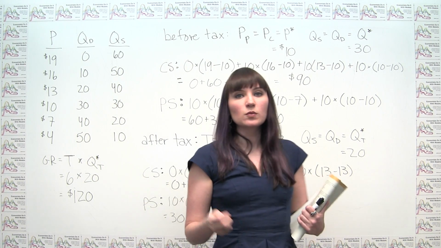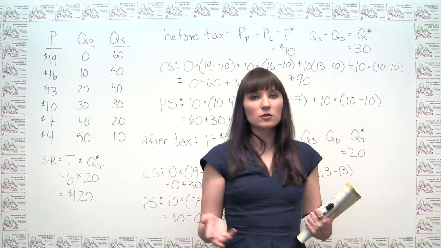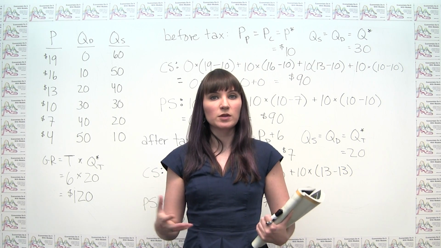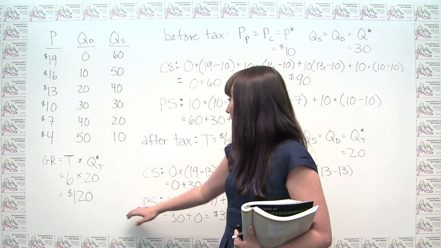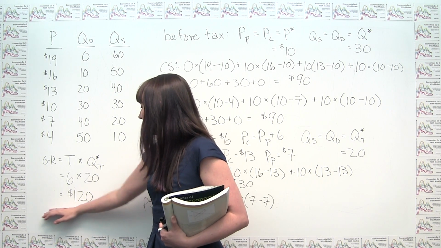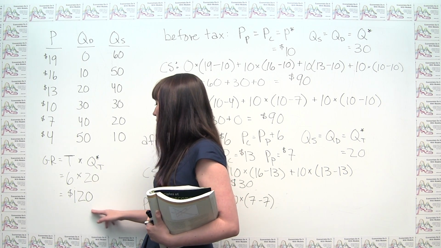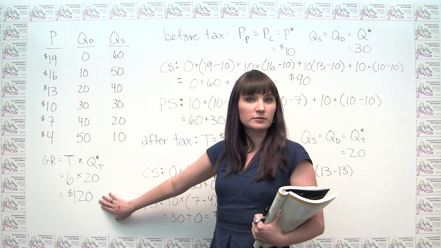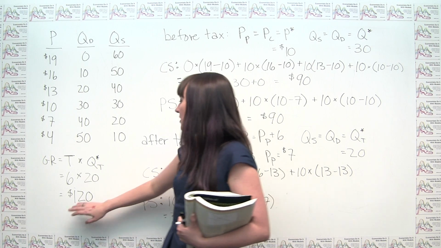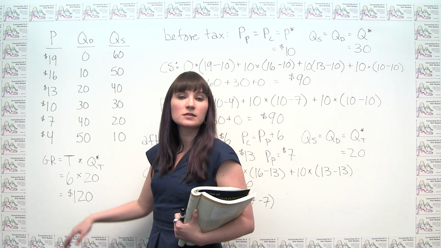So consumers and producers collectively lost $120 of surplus when this tax was put in place. In this particular example, all $120 of that lost surplus is actually made up in government revenue. That's not generally going to be the case.